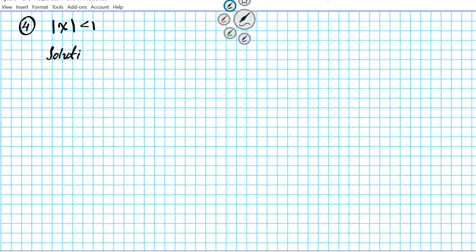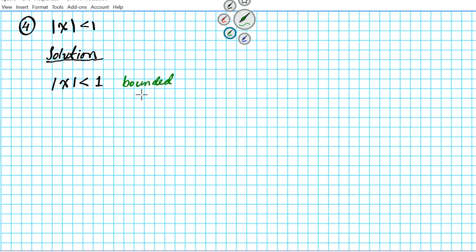Is this a bounded or unbounded situation? Remember, less than means you're within the boundaries. Greater than means you're outside the boundaries. So we have a less than here, so that means that you are going to be bounded.